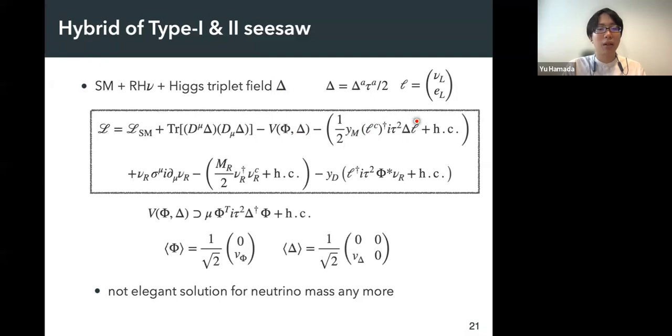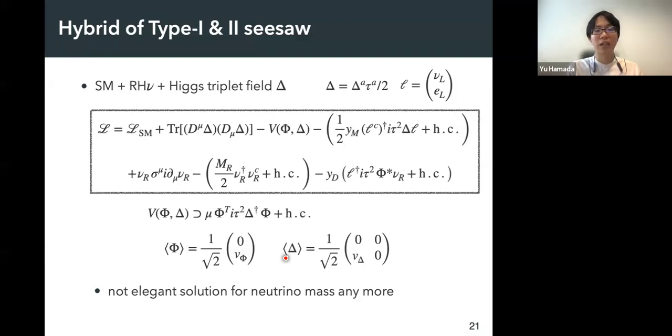And we have a Yukawa coupling between the standard model lepton doublet and delta, the right-handed neutrino mass term, and the Dirac Yukawa. And again, in this case, the standard model Higgs has some VEV, and this triplet also has some VEV. And of course, this is not an elegant solution for the neutrino mass because this is just complicated. But let's consider this model because we are interested in whether the Z string is stabilized or not.